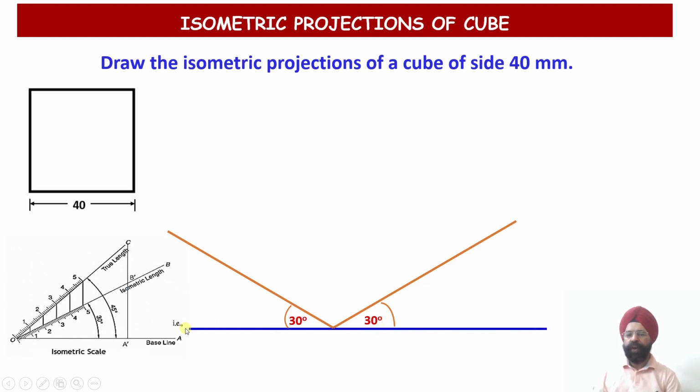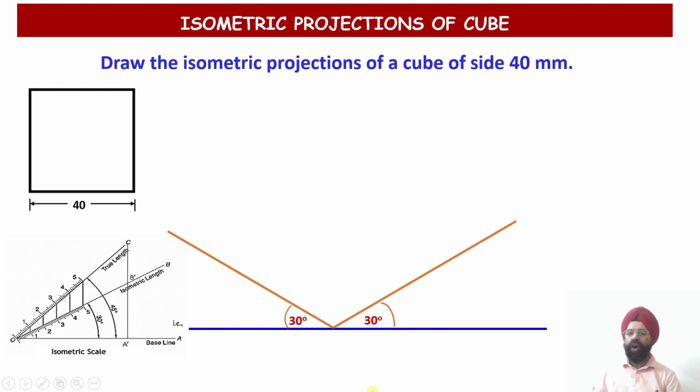So we first draw the horizontal baseline, draw the x-axis at an angle of 30 degrees, and then draw the z-axis at 30 degrees. This is the starting point for all constructions of isometric projection. And to show the height, we will draw the y-axis.